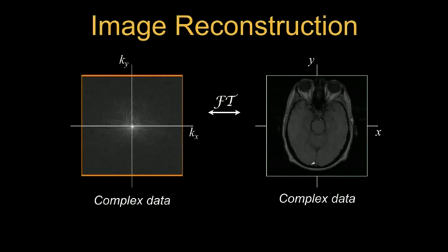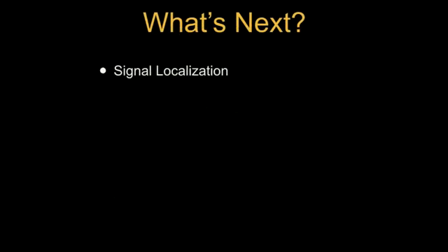So this was a quick preview of what's to come. And a lot of the steps I touched on today, you'll learn in more detail in the next few weeks. The first is signal localization. I've made an assumption that we can control the acquisition to only target certain dimensions. And there are actually physics behind that and hardware developments.